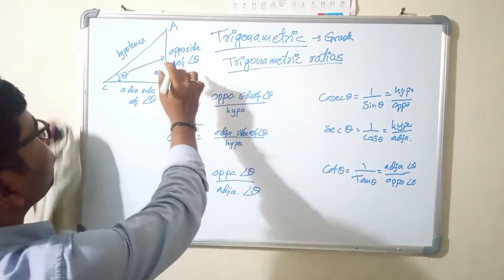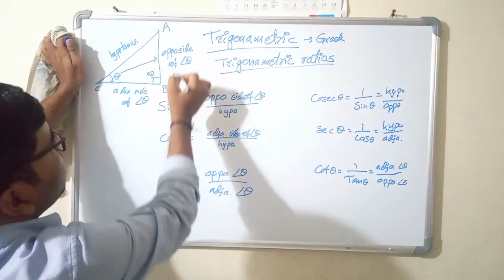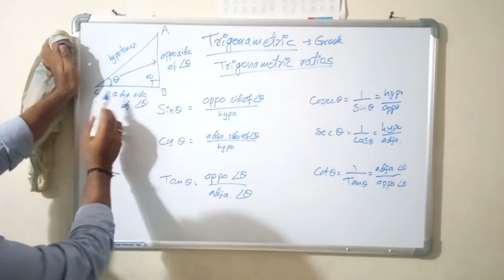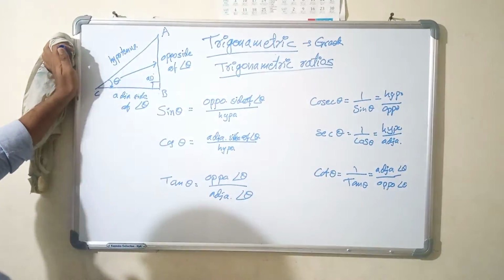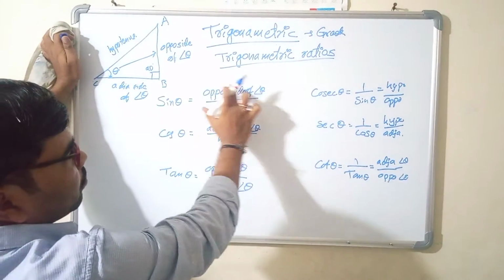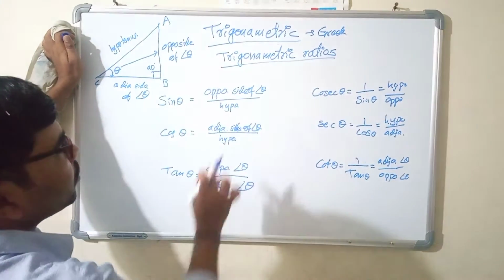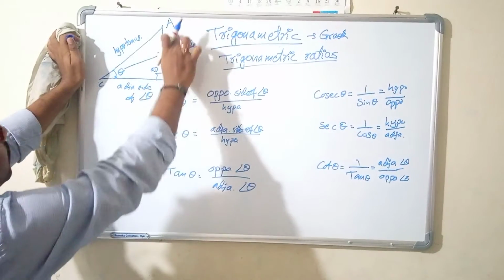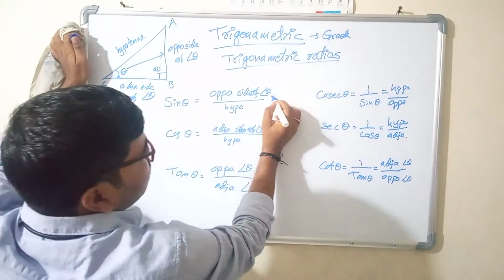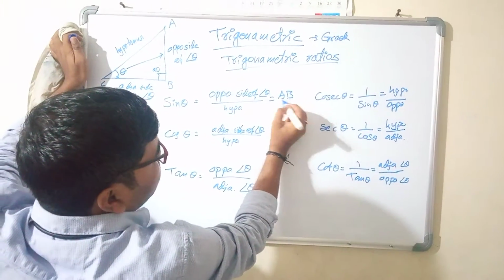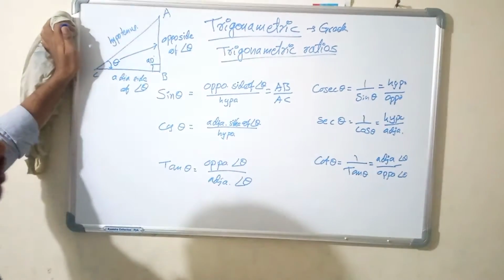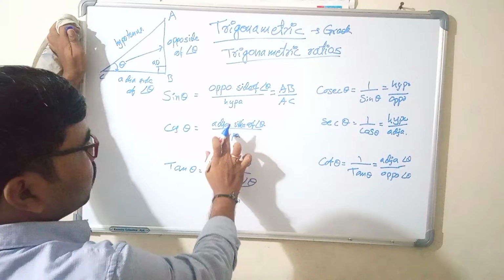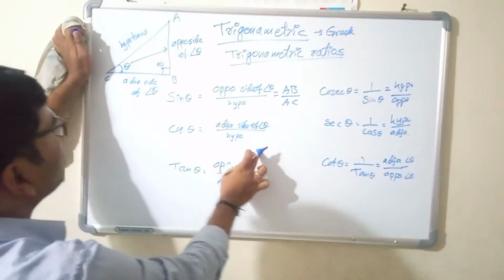Next, here AB is the opposite side, BC is the adjacent side, and AC is the hypotenuse side. Here sin theta means opposite side of angle theta by hypotenuse side. The opposite side of theta is AB, so sin theta equals AB by AC. Next, cos theta is the adjacent side of angle theta by the hypotenuse side.